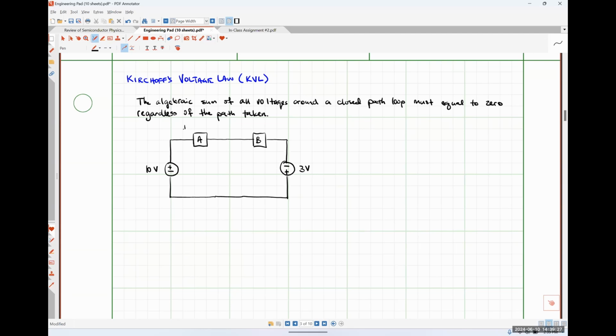Let's say that the voltage drop across element A is 5 volts, positive polarity on the left, and we want to determine the voltage drop across element B, and I'm going to choose for the positive polarity terminal to be on the right. So let's just call this VB, like so.